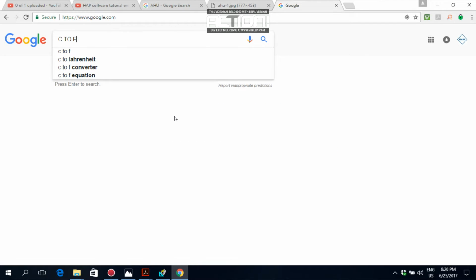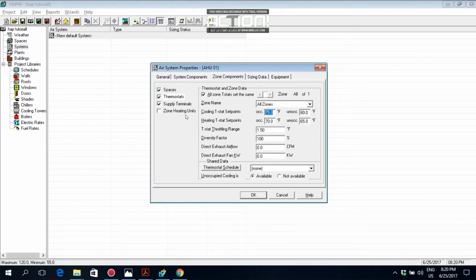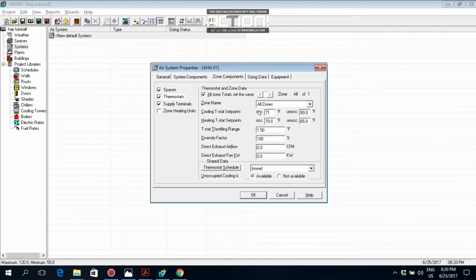C2F, I want 21, this is 69.8, so let's say 22, 71.6, so 72, and unoccupied 75. That means the set point temperature of this thermostat is between 72 and 75.